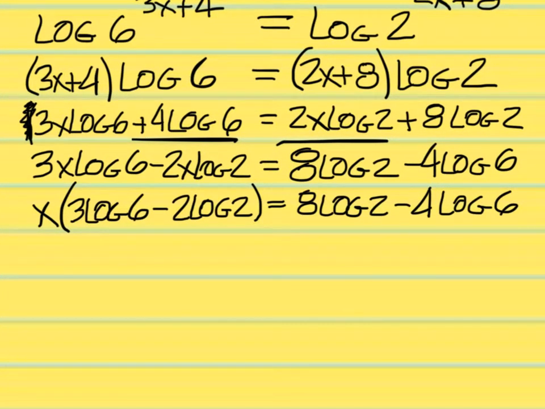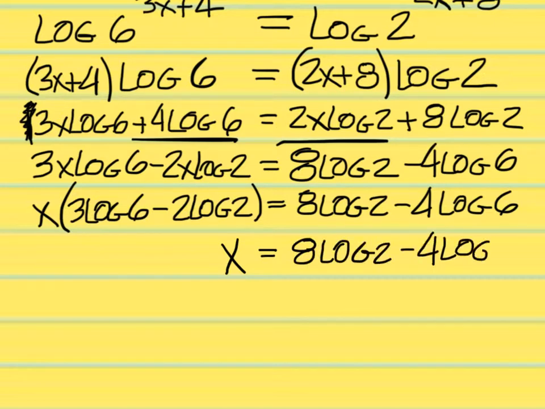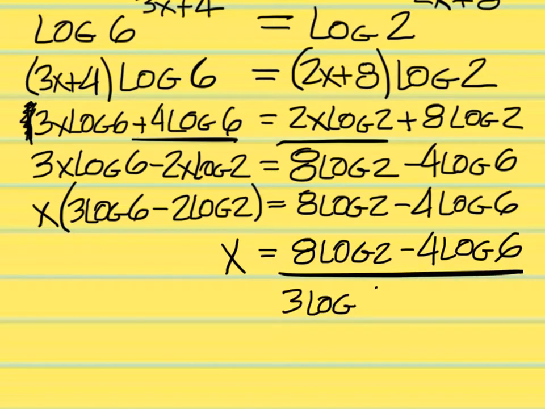And your last thing to do to solve is to divide the right hand side by what's attached to the x on the left. So 3 log 6 minus 2 log 2.